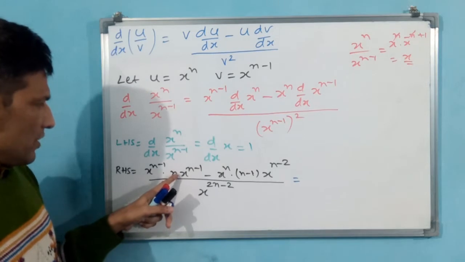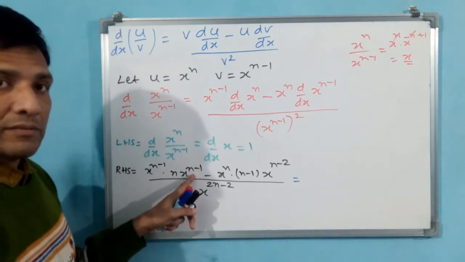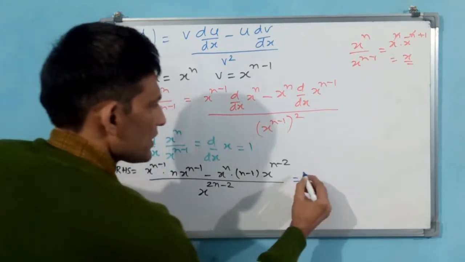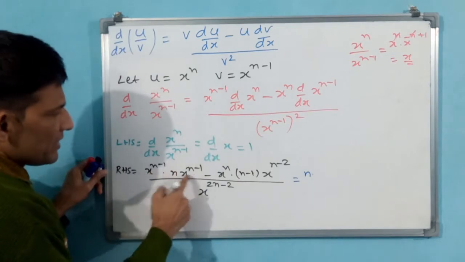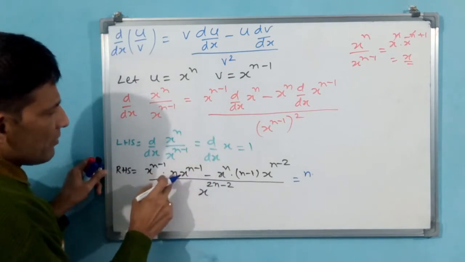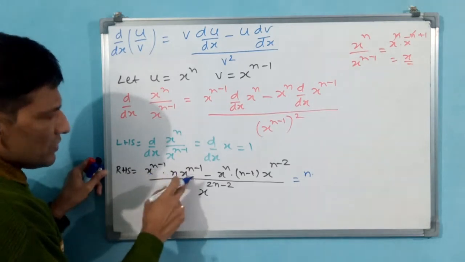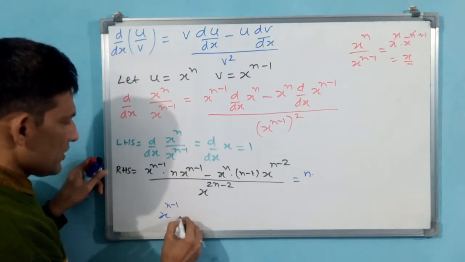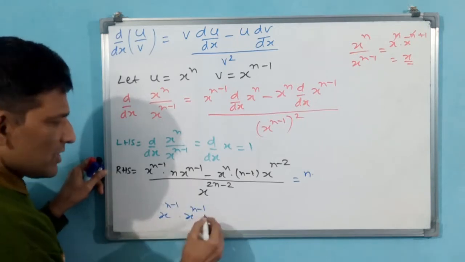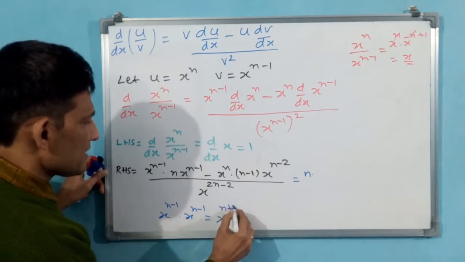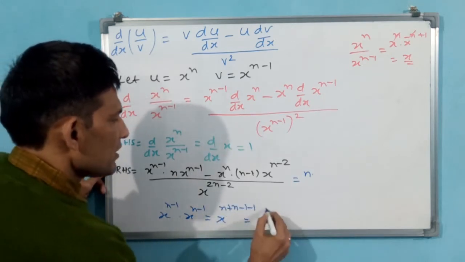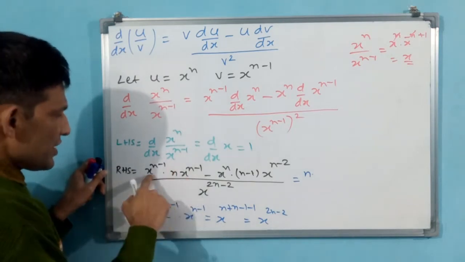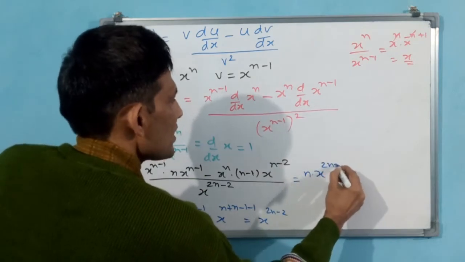Here x power n minus 1 and x power n minus 1 are multiplied. Take n first outside as common, because all these terms are multiplication. Since the bases are the same, you can add the powers: x power n plus n minus 1 minus 1, that is equal to x power 2n minus 2. But n is there, so n into x power 2n minus 2.